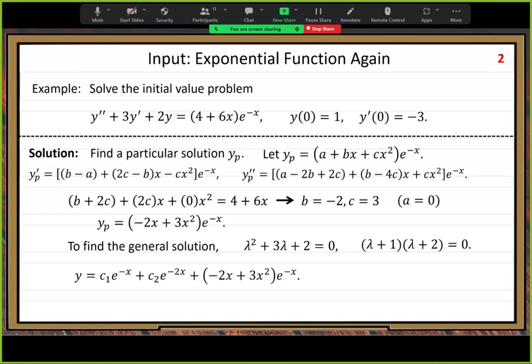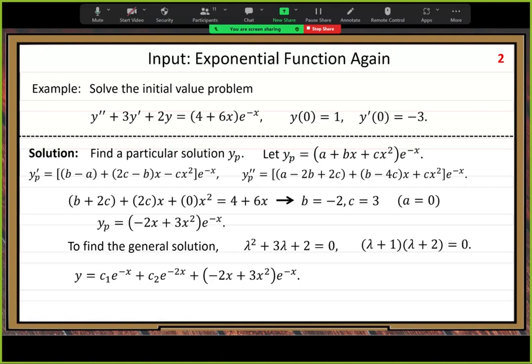So then the general solution is C1 e to the negative x plus C2 e to the negative 2x. All right. Then the particular solution is added to it.